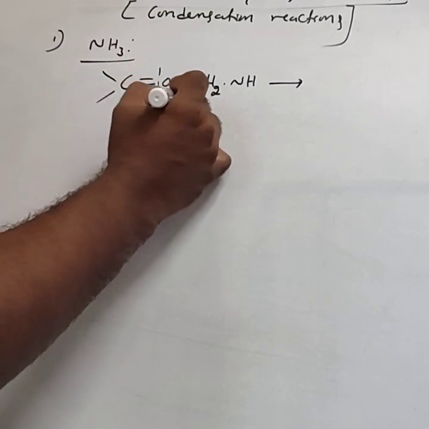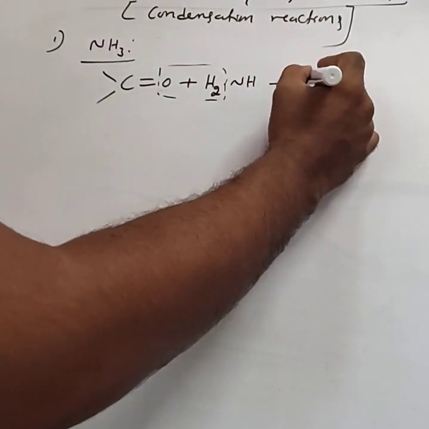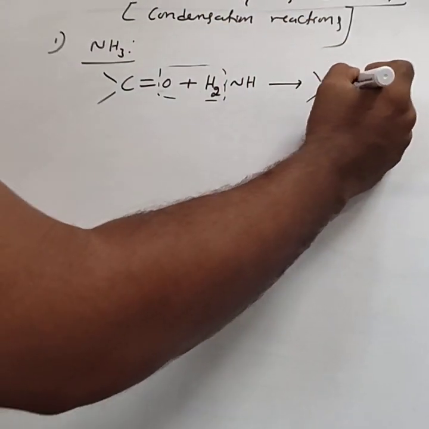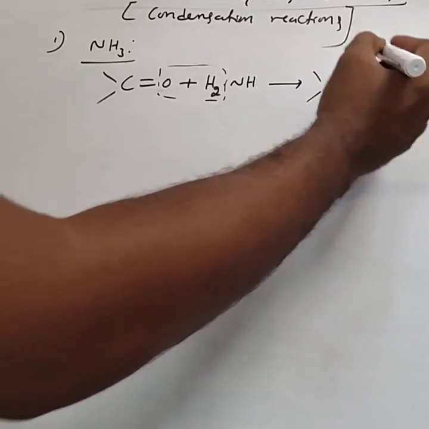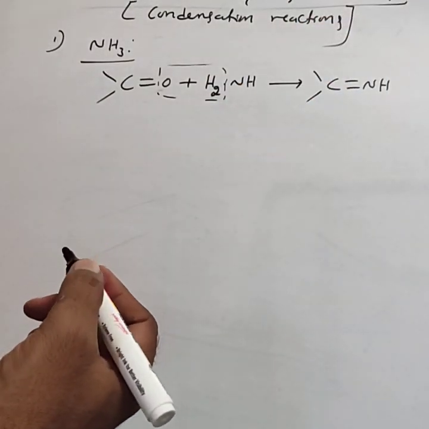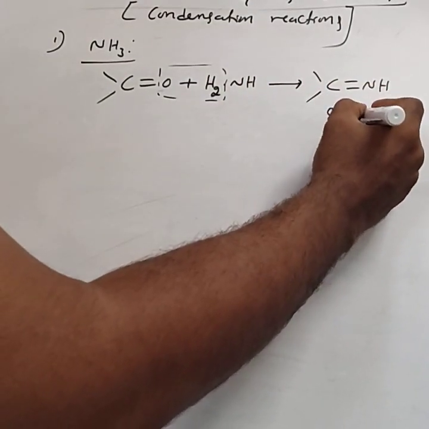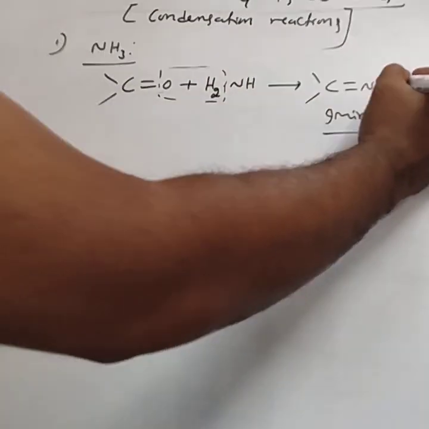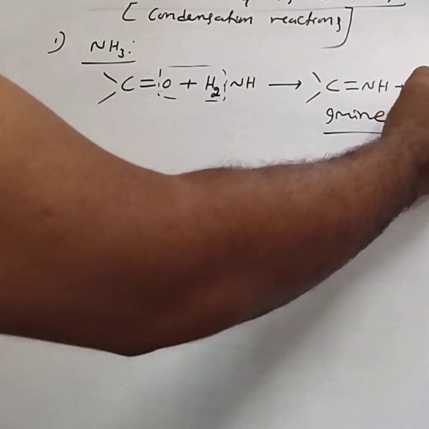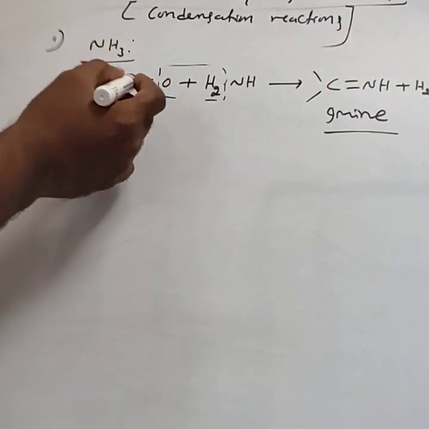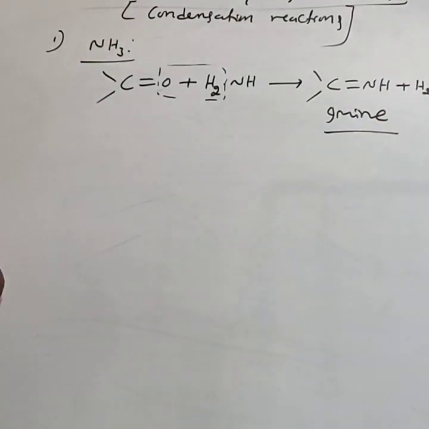Here removal of water takes place and forms C=NH. This is called an imine. Imine is formed plus H2O. With ammonia, the carbonyl compound forms the imine.